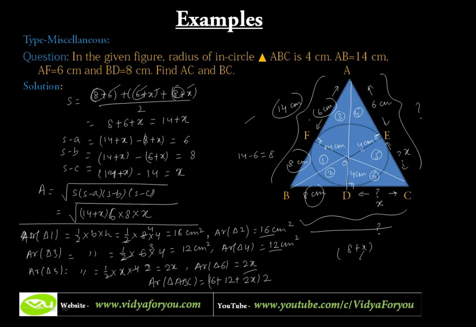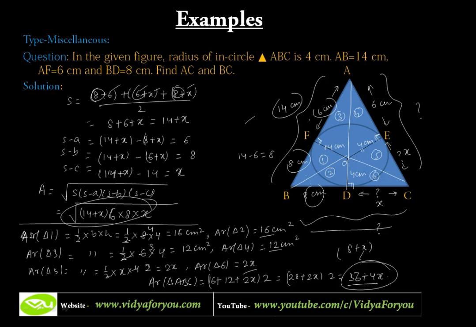Because it's multiplying, right? So 28 plus 2x into 2, that is 56 plus 4x. So this will be equal to this, and get the value of x.